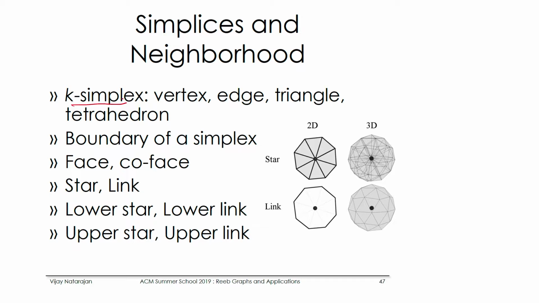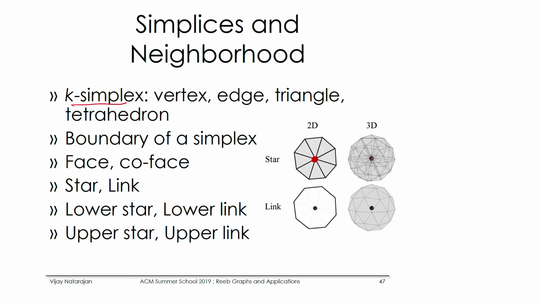Now, with that, let me talk about what a neighborhood is. If I take a vertex in 2D, I have two ways to talk about neighborhoods. One is called the star. The star is all edges, triangles and tetrahedra that contain me. That is my neighborhood.